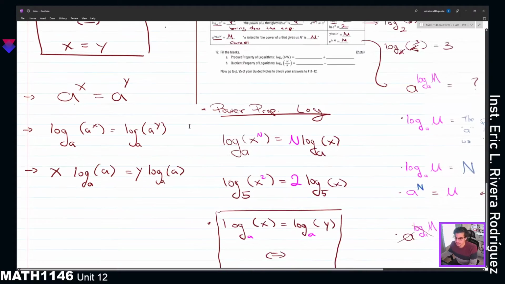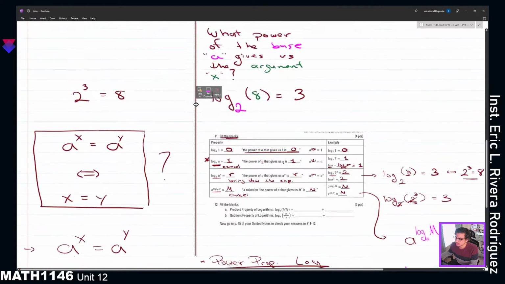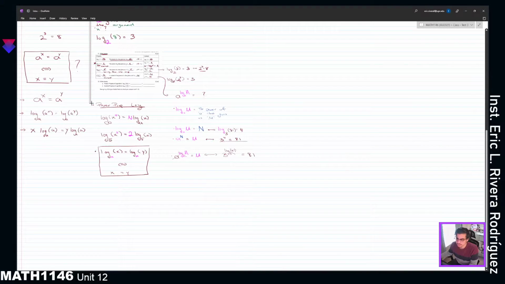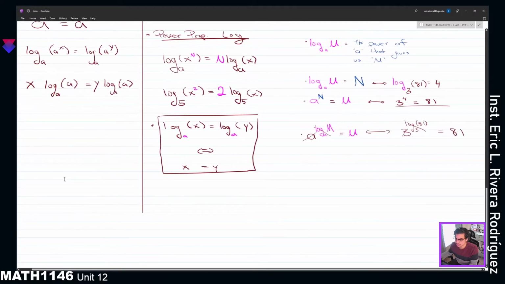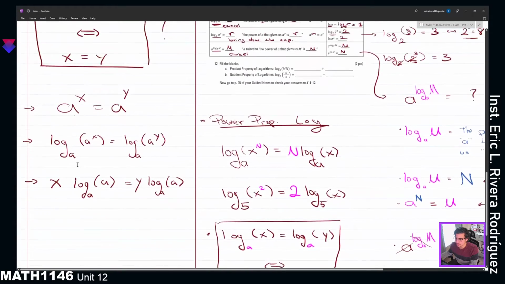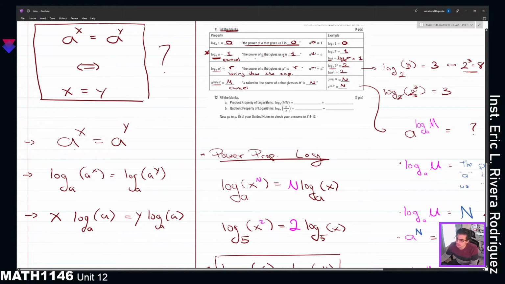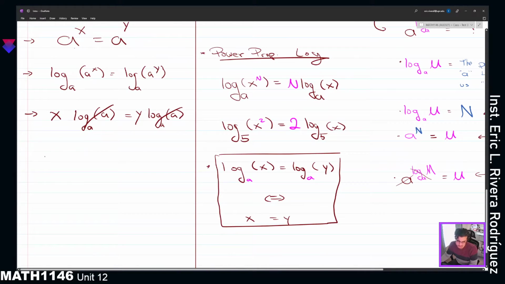Okay. Using the second property that we have here, log base a of a is just 1. So we basically cancel these two because that's equal to 1, and what is left is x equal to y.